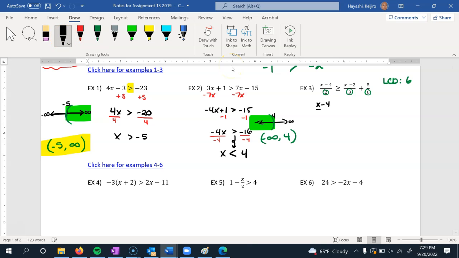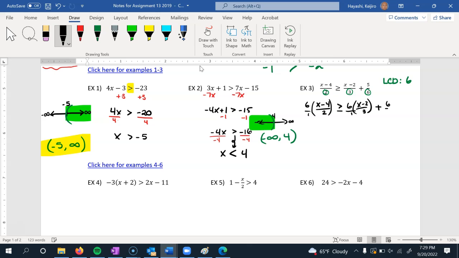x minus 4 over 2, I guess we'll just multiply that by 6, is greater than, we're going to take 6 and multiply it onto this, x minus 2 over 3. And if you want, you can do 6 over 1, it's the same.